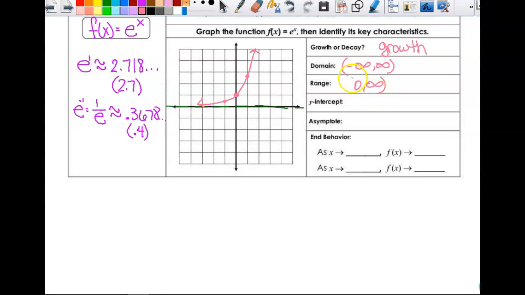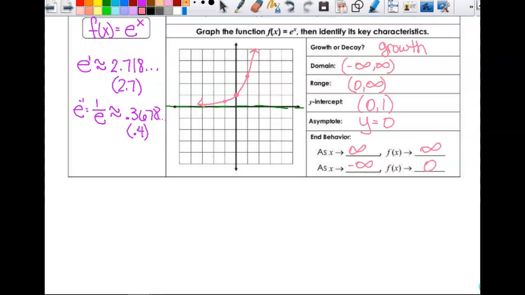No, because I never actually make it. My y-intercept is something I plotted, so that's good. It's at 0, 1. My asymptote, it's a line. It's y equals 0 because it's a horizontal line. Then as x approaches infinity, f of x approaches infinity. As x approaches negative infinity, f of x approaches 0. Okay. We good with that?